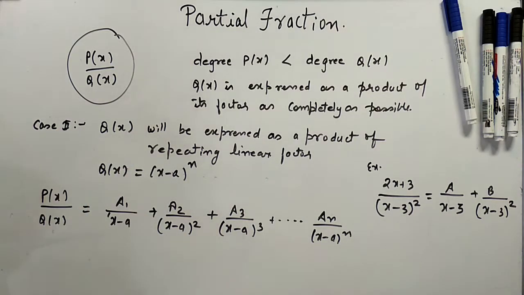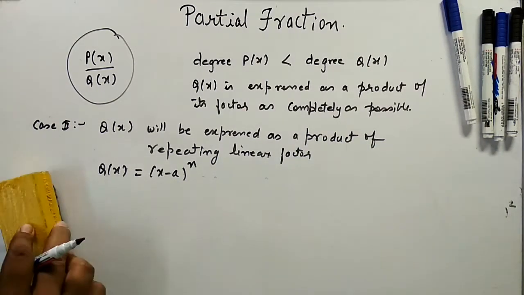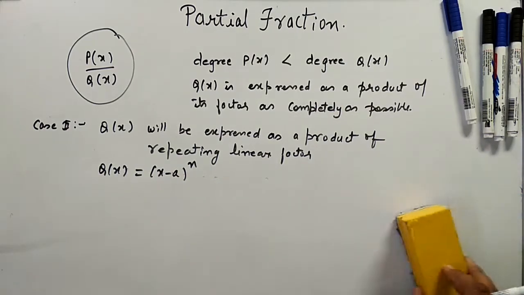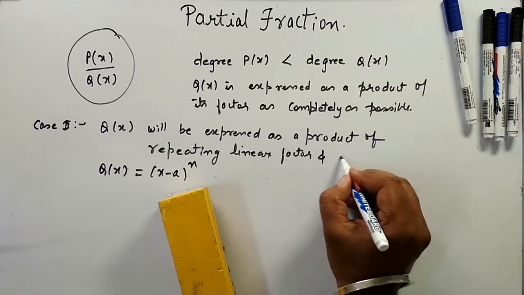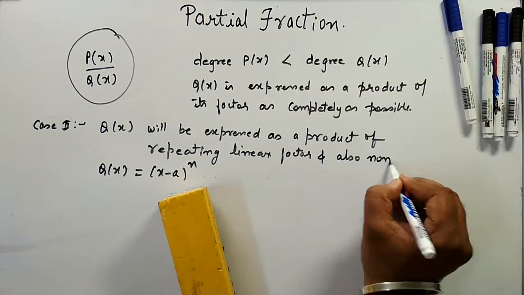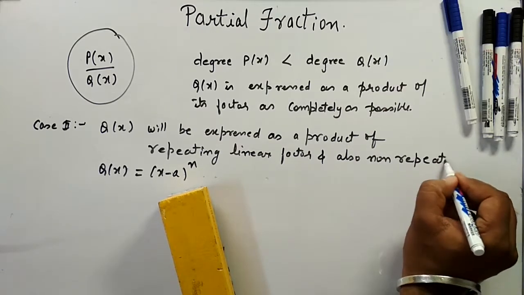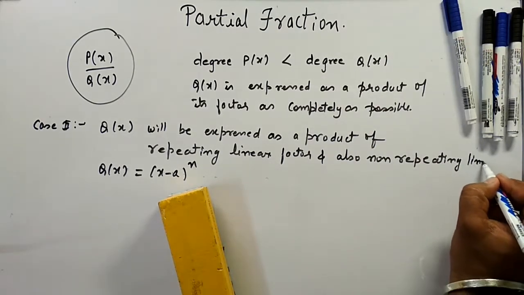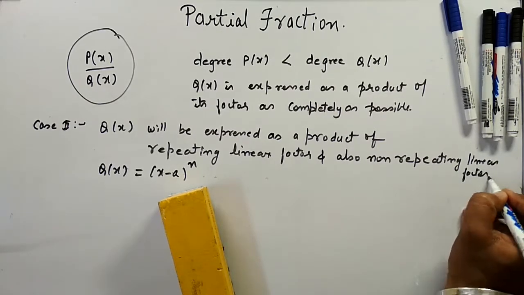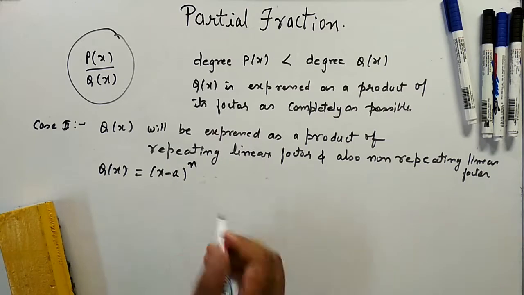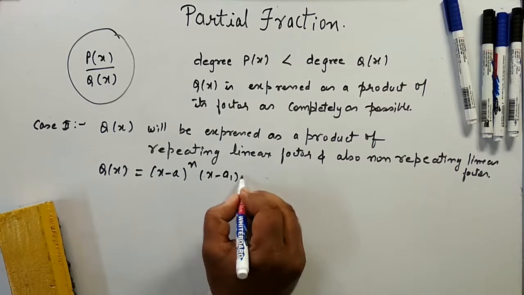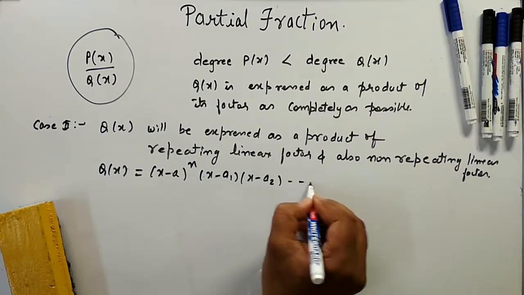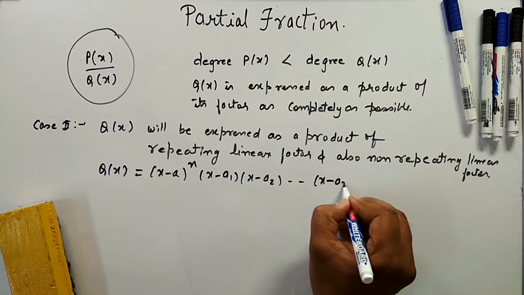Now the third case that I want to discuss with you is where q of x will be expressed as a product of repeating linear factors and also non-repeating linear factors. That is the combination of both repeating and non-repeating linear factors, up till x minus an.